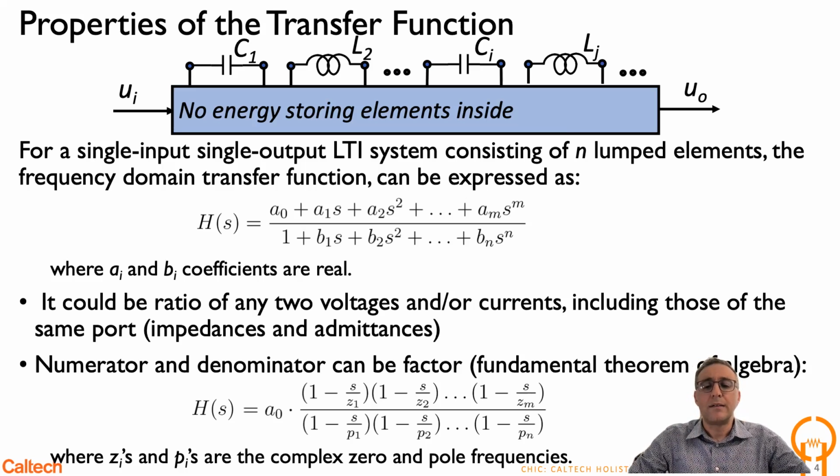From the fundamental theorem of algebra, we know that each one of the polynomials in the numerator and denominator can be factored as a product of first order terms where the roots are either real or come in complex conjugate pairs. Another way of saying that is you can factor it as a product of first and second order polynomials. And the roots of the numerator, of course, are zeros, and the roots of the denominator are called the poles. So these are reviews again.